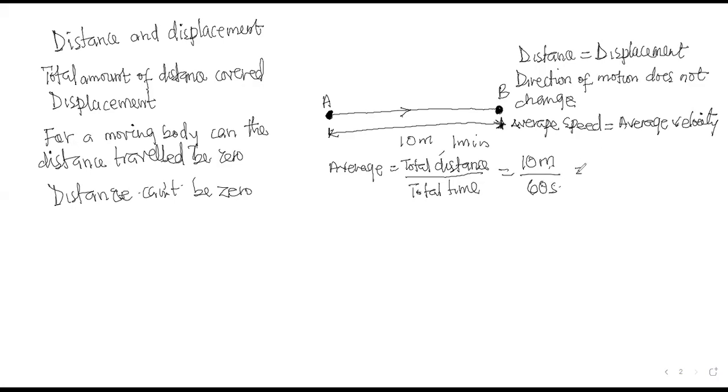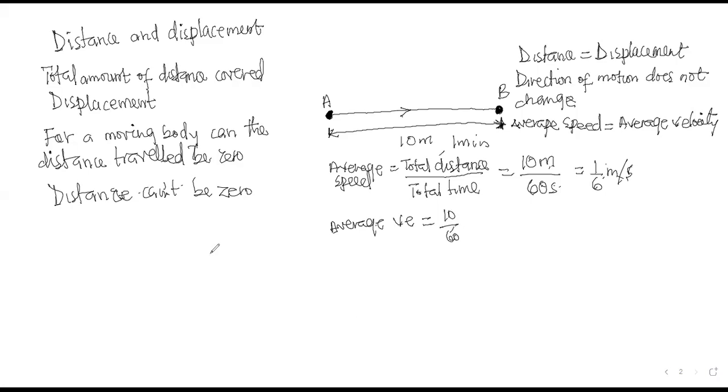And so this is equal to 1/6 meter per second. If I'm to calculate average velocity, it will be the same because the direction does not change. Average velocity would be equal to total displacement, which is 10, over total time, 60.